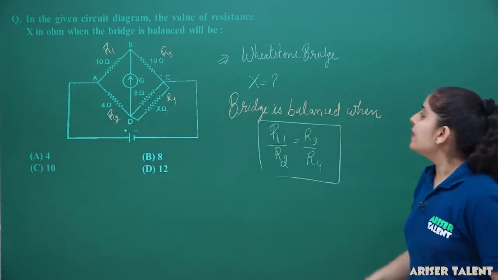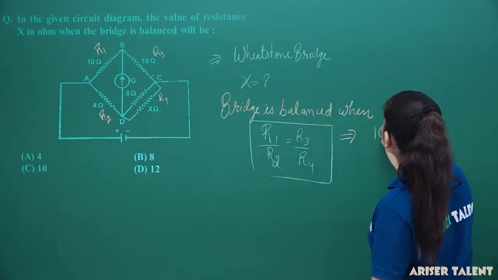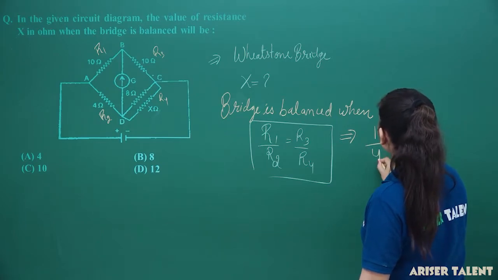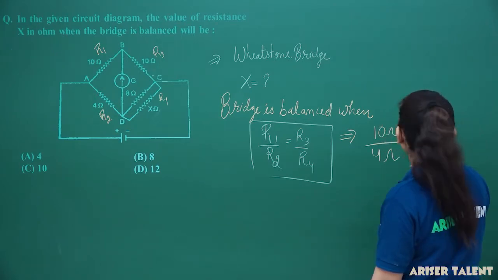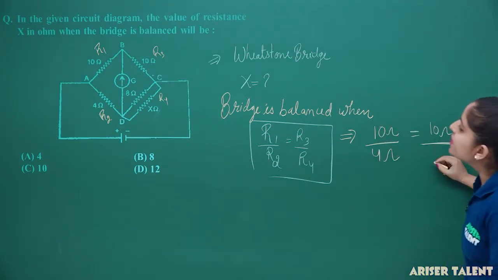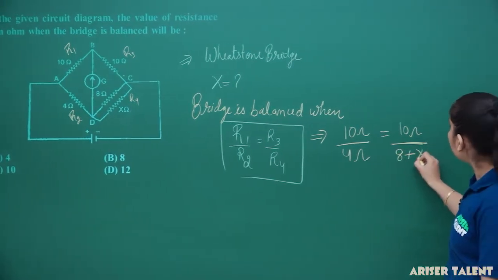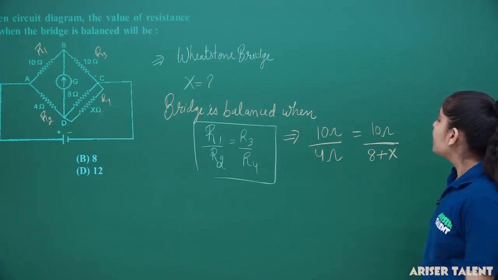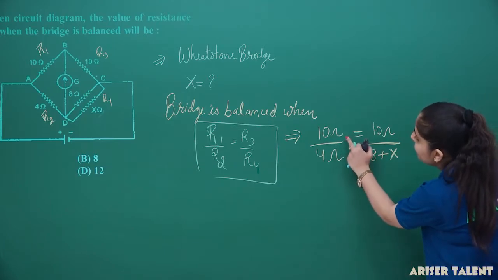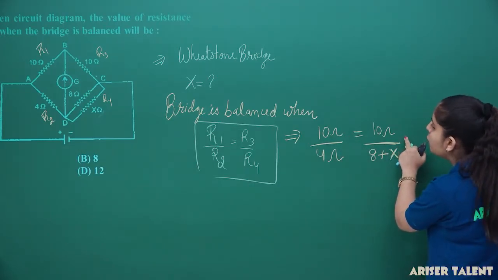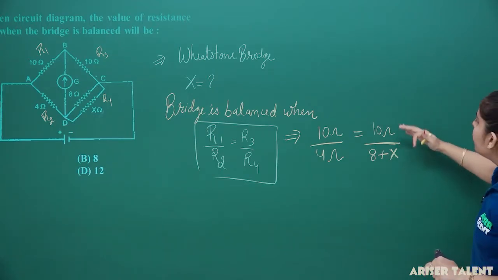Now, you can see that R1 equals 10 ohm, R2 equals 4 ohm, R3 equals 10 ohm, and R4 you have to determine. An equivalent resistance of 8 is connected here and you have to determine the value of X. The bridge is balanced when both ratios are equal. So this is 10 upon 4, and R3 upon R4 must also come out to be 10 upon 4.